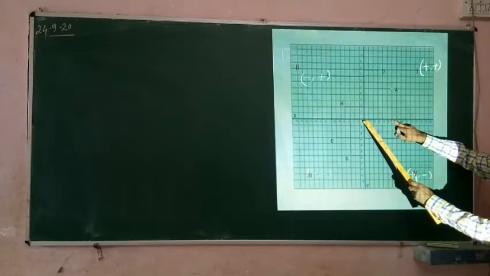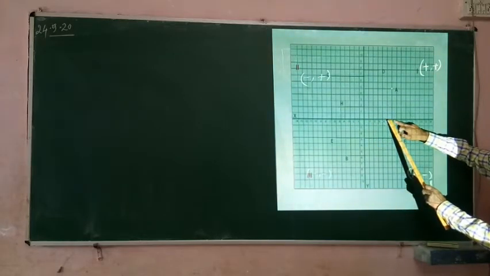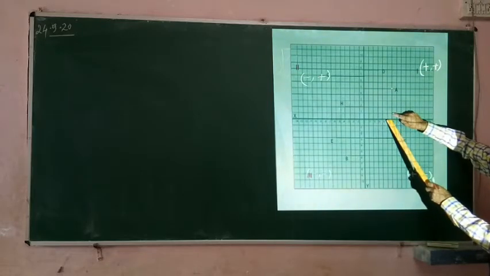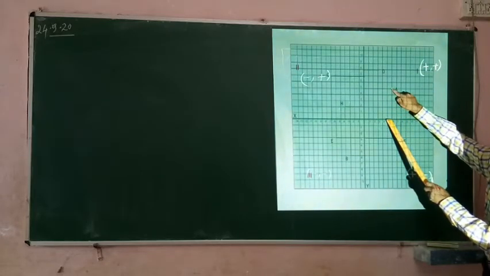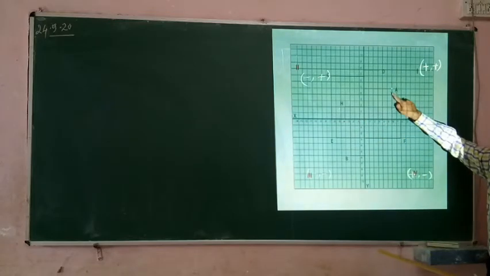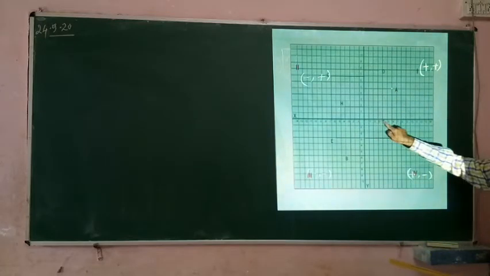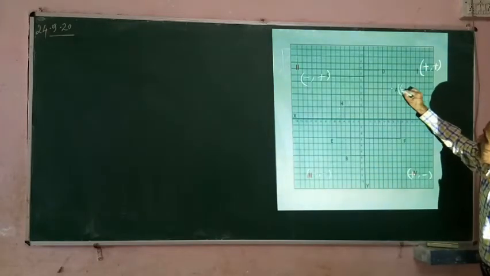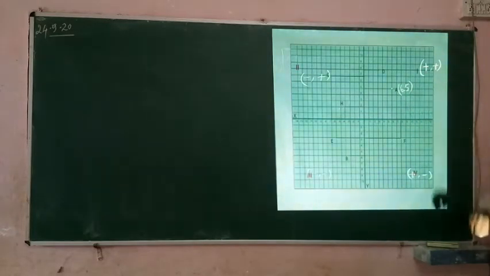You have moved 6 steps along the x-axis. Thereafter you move along the y-axis: 1, 2, 3, 4, 5. So here 6 and here 5. This is the x-axis, this is the y-axis. So the coordinates of point A are 6 and 5.